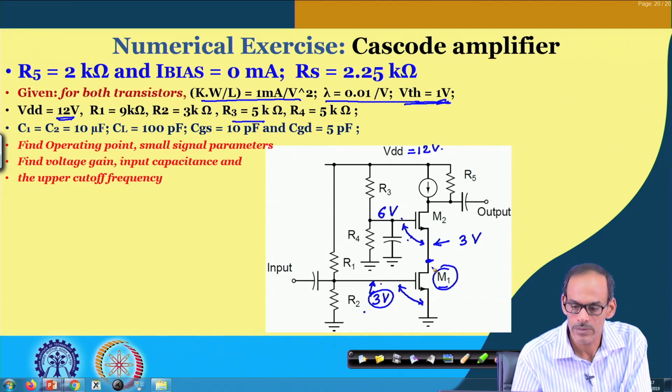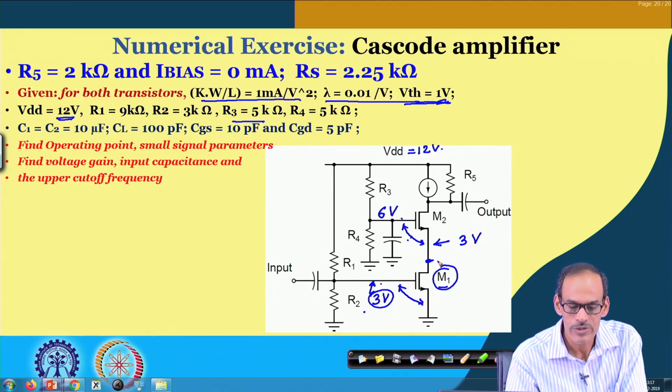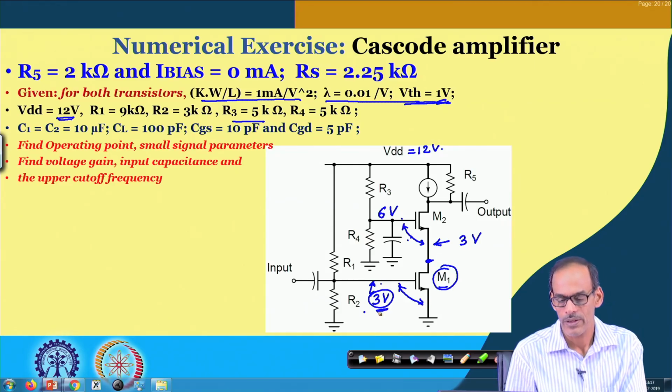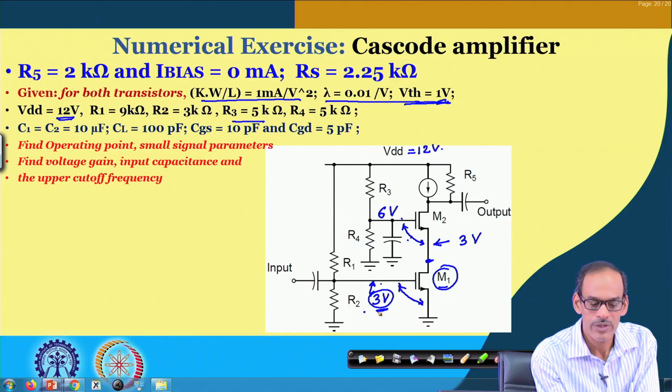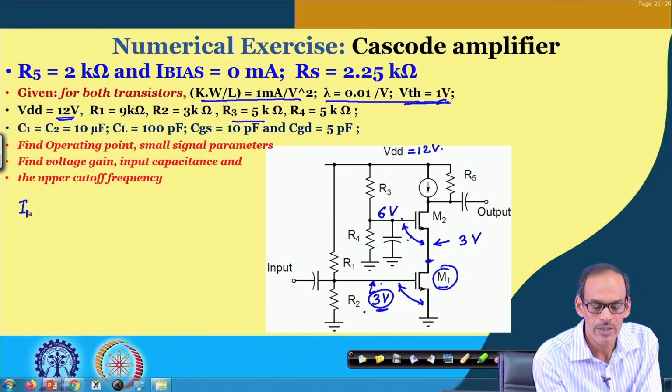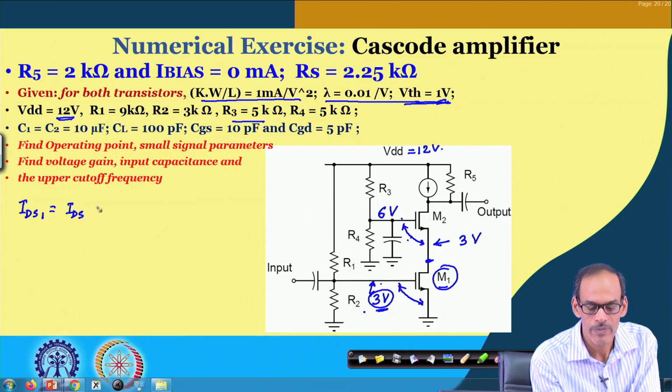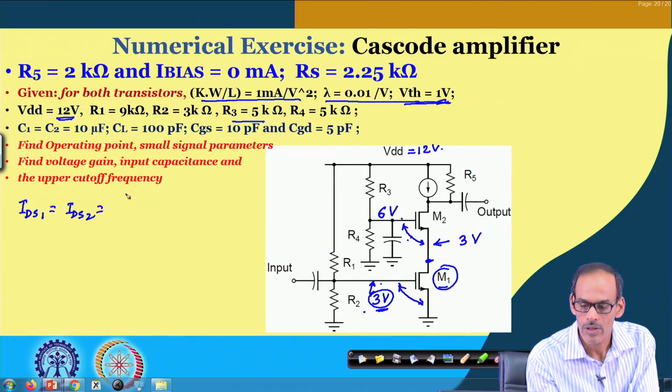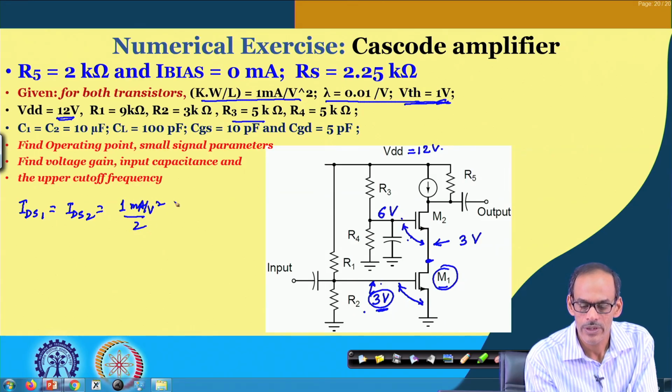Now, to start with, if VGS is say 3 volt, the corresponding current IDS 1 equals IDS 2 equals 1 milliampere per volt squared by 2 into 3 minus VTH, which is 1, squared.